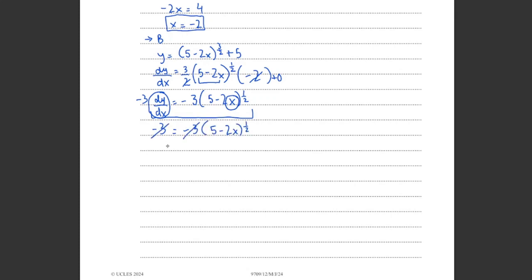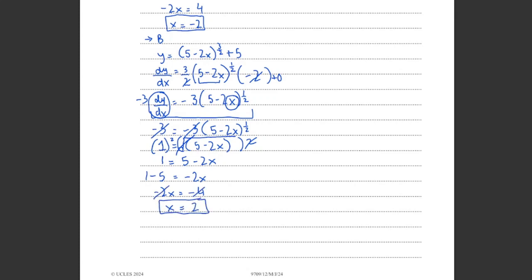This and this 3 are going to cancel out, and I'm left with 1 equals (5 minus 2x) to the power 1 by 2. This power of 1 by 2 just means a square root, so I can square both sides. The square cancels out the square root, and 1 squared is just 1. I'm left with 1 equals 5 minus 2x. So 1 minus 5 is minus 4, and this and that cancel out, so I'm left with x equals 2.